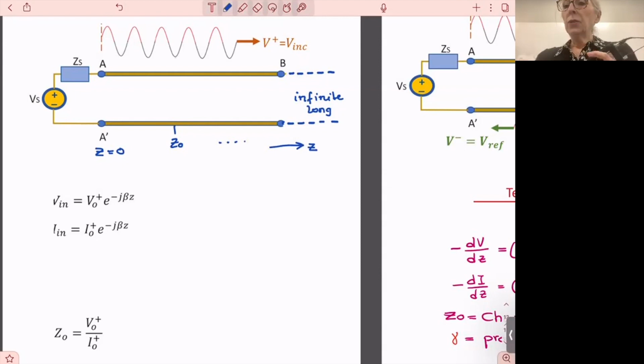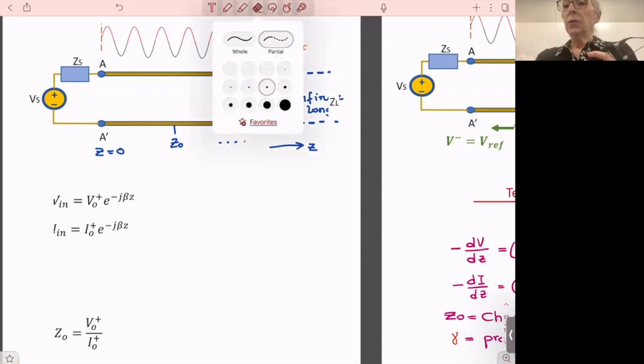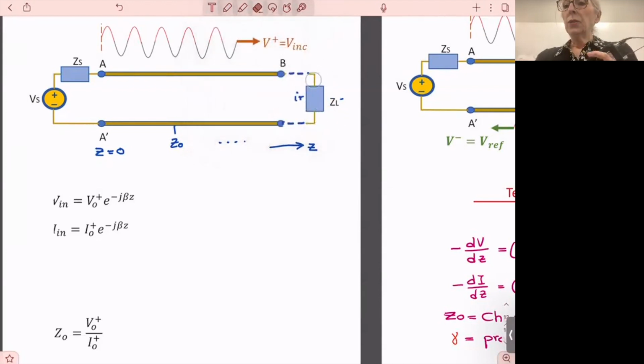What happens now if instead of an infinite line, here we have a load? You remember we talked about this impedance at the end of the line being called the load. Then the wave, as it comes here, sees this load, and this load creates what we call a reflected wave.